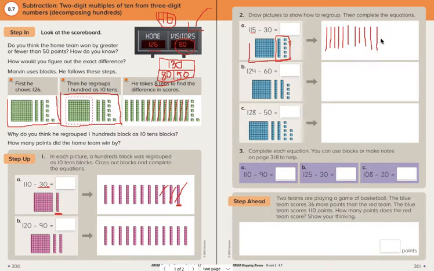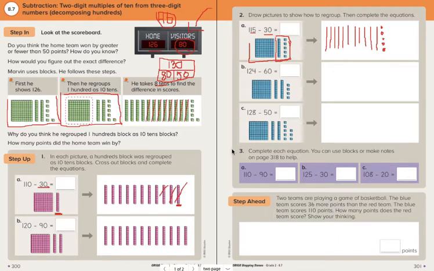Okay, so now I need to add that. 1, 2, 3, 4, 5. Look, I still have 115. Let's go back and check. 10, 20, 30, 40, 50, 60, 70, 80, 90, 100, 110, 111, 112, 113, 114, 115. And now you can cross out your 30, okay?